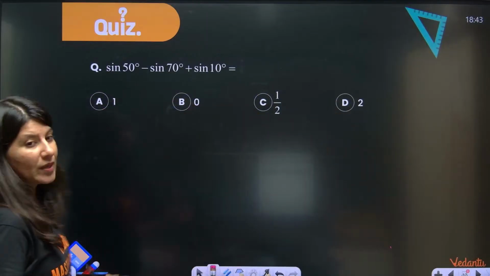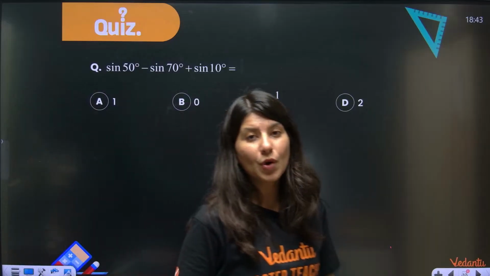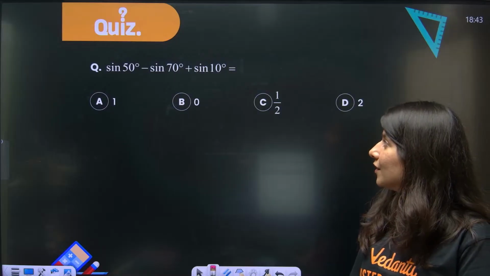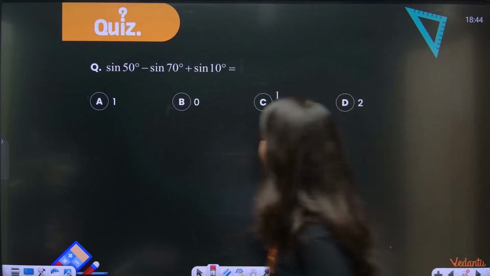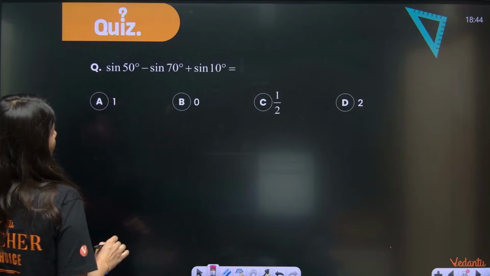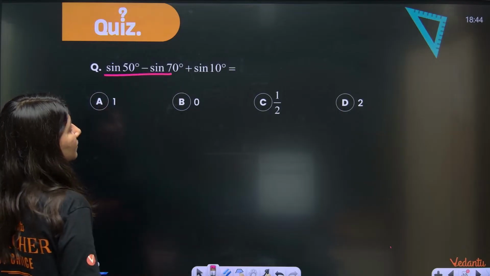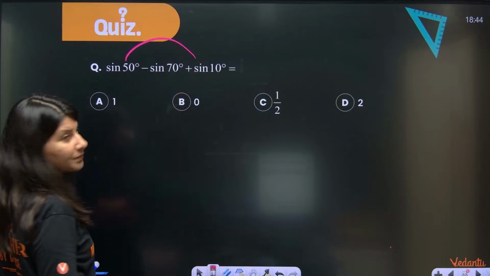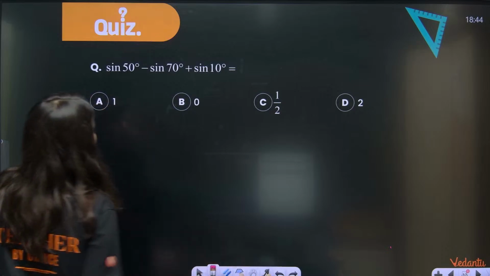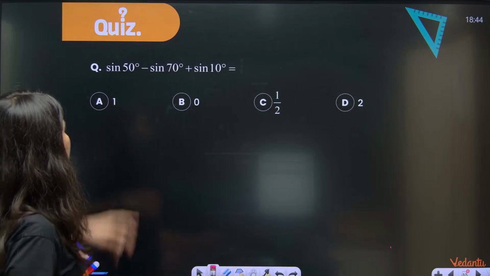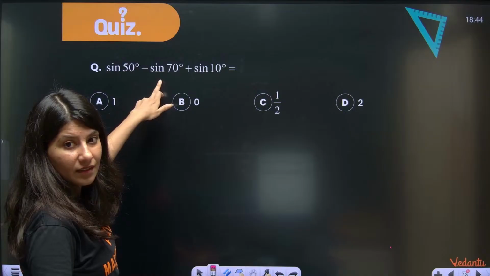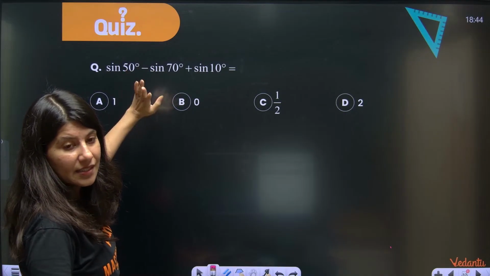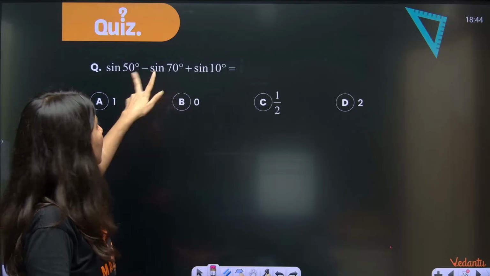Now one more question on your way. This is a question that you have to do. Make sure that you apply your brains whether I should go with these two or with these two. This is sin C minus sin D. Think about what all angles you can get.